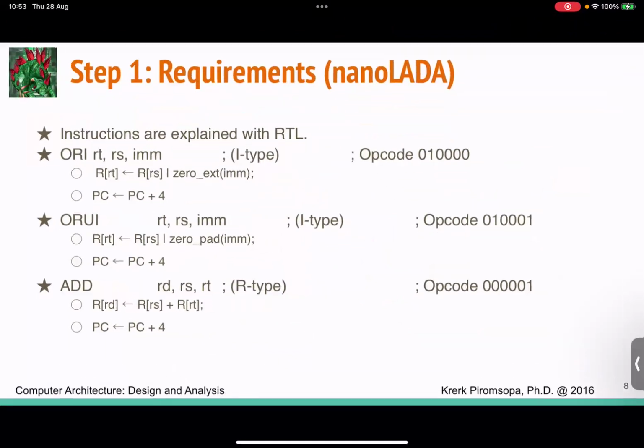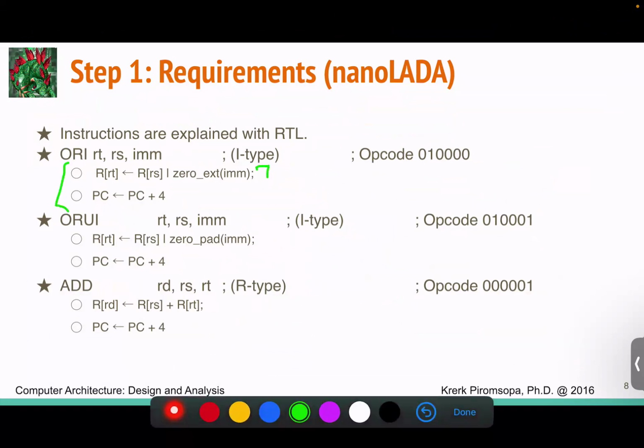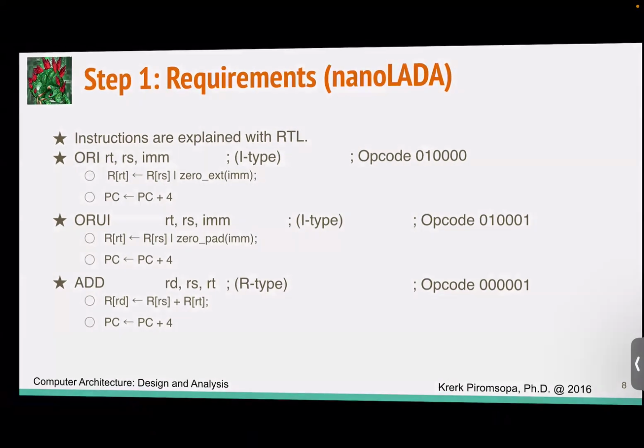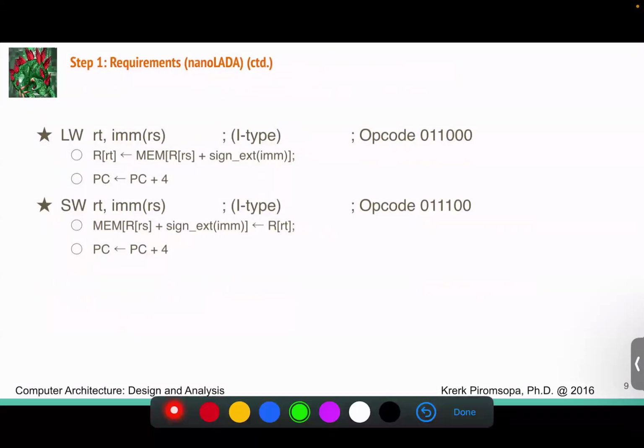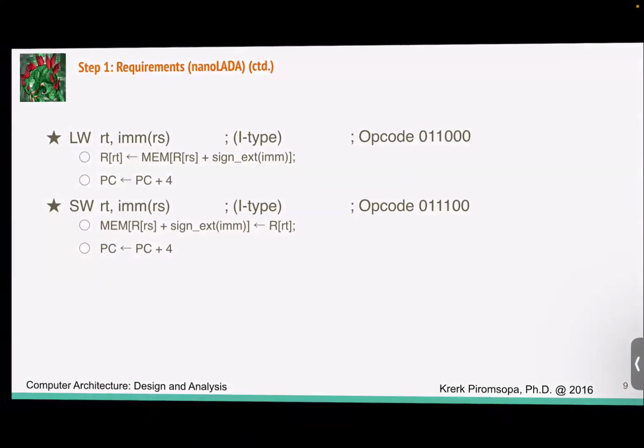When we design the data path, you get a requirement, but the requirement would come in and they would expand your requirement with RTL, the register transfer language. Basically they say the OR instruction would do this, the add instruction would do that, load instruction would do this, branch would do that.